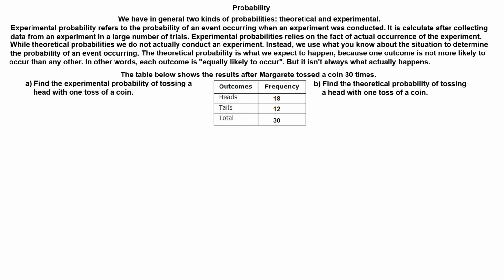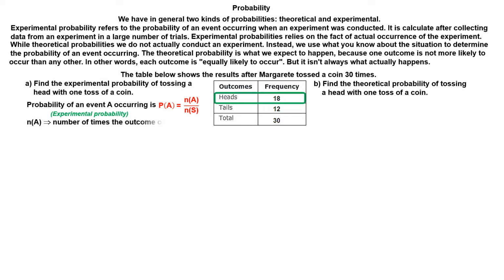Experimental probability is calculated by the formula: probability of an event A occurring is NA over NS. NA is the number of times the outcome occurs. In this example, the number of times of getting a head is 18.